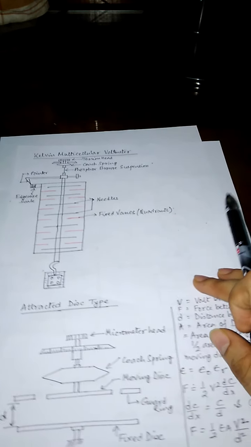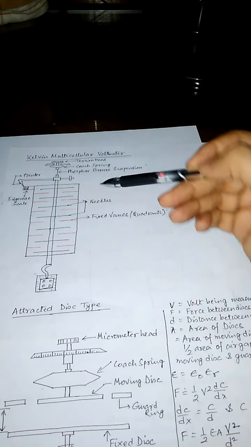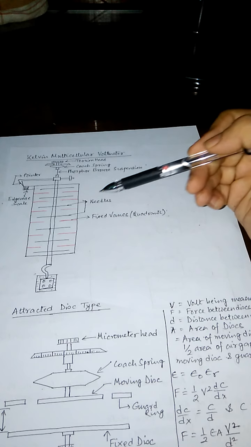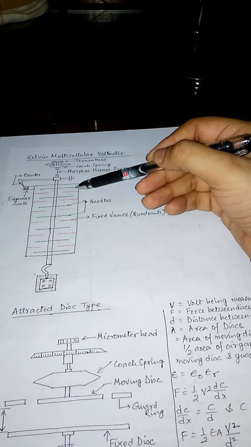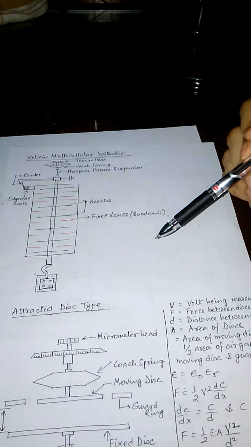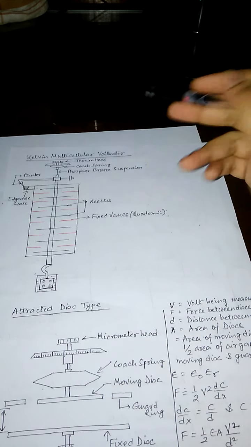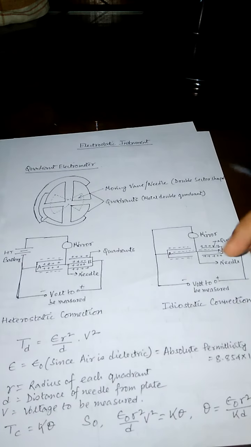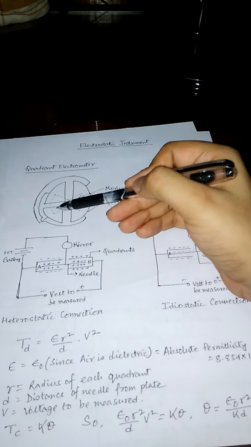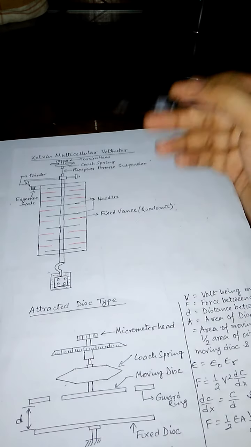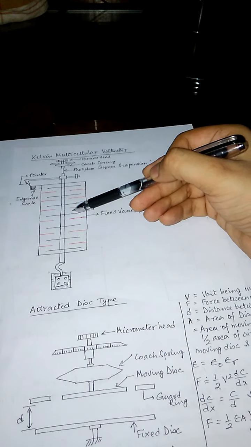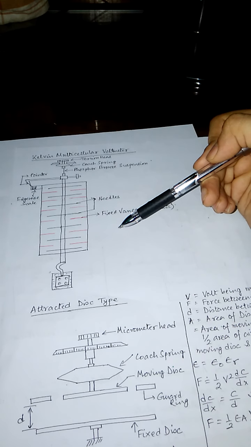Now what is the construction? Here also we are using the needles and the fixed vanes, but the difference is that in the previous diagram there are 4 fixed quadrants, but here we are using multiple fixed quadrants and multiple needles.